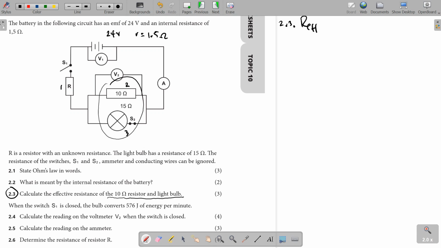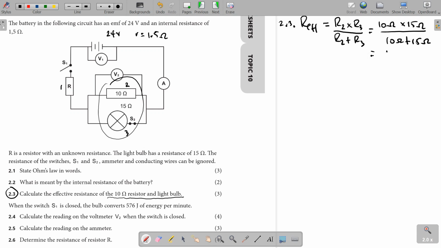Alright, so to do that, remember, if these things are in parallel, it means we can simply use this formula. It says R2 multiplied by R3 divided by R2 plus R3. That's the formula for parallel circuits. And so from there, it will be 10 ohms multiplied by 15 ohms divided by 10 ohms plus 15 ohms.